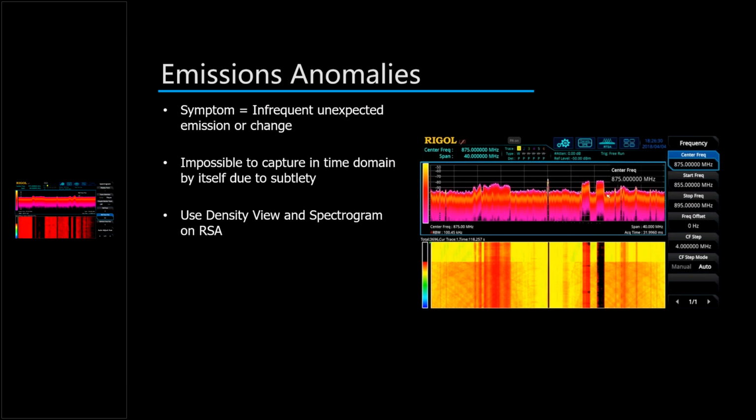There's a clock pulse here happening, but there's also some subtlety happening over time that's really affecting this.